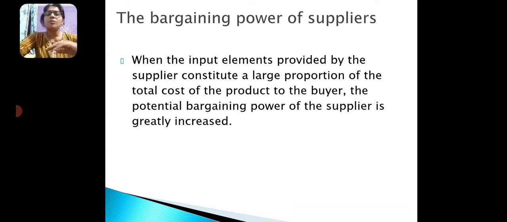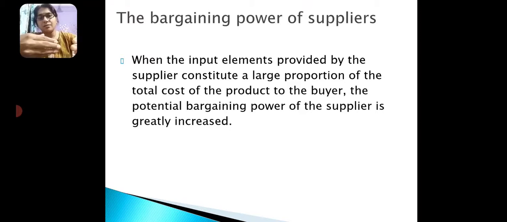Now take most of the agro-based industries, for example the vegetable oil industry. If we take refined sunflower oil, the major portion of the cost goes to the sunflower seeds, and there you have so many agriculturists, so many people who are selling. So the bargaining power of your suppliers, that means the agriculturists, is low.